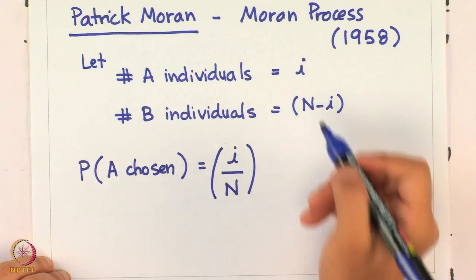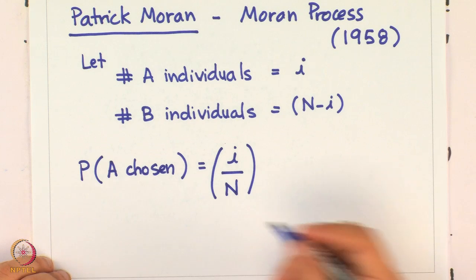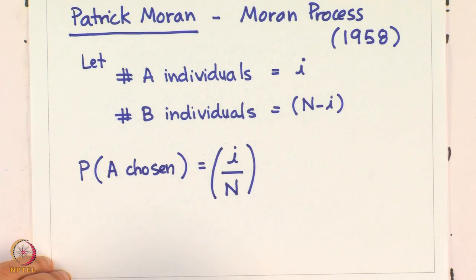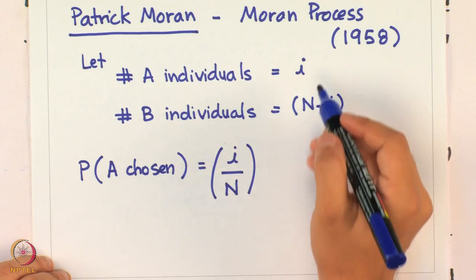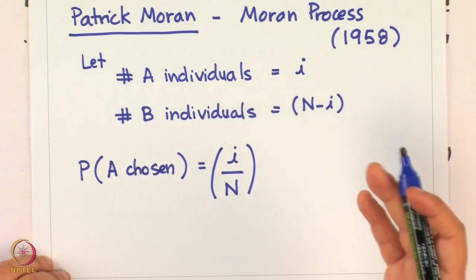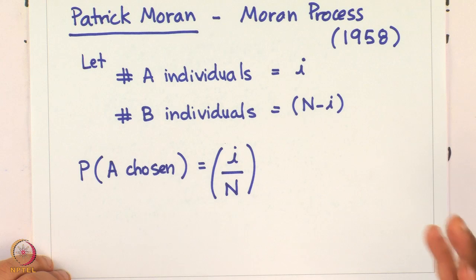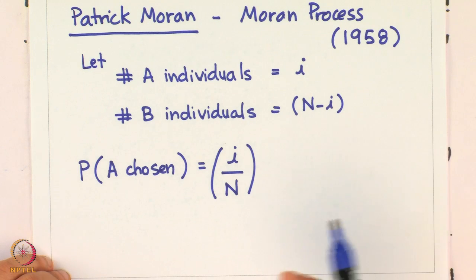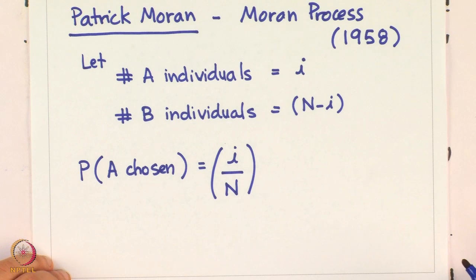Right? If I is 0, that means there are no individuals in the population which belong to genotype A. Then of course, there is no chance of drawing out that particular genotype, and hence this comes to 0. On the other hand, if I is equal to n, that means all individuals in the population belong to genotype A, then I draw an individual and that's guaranteed to belong to genotype A. So the probability automatically comes out to 1.